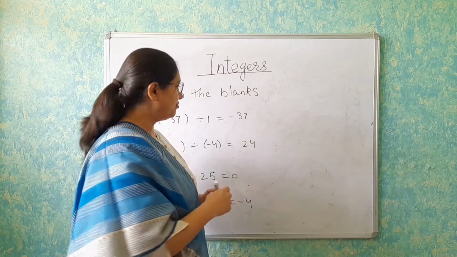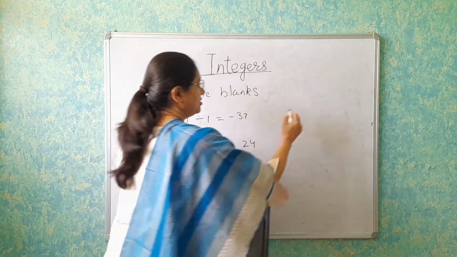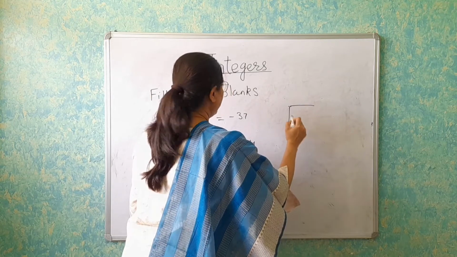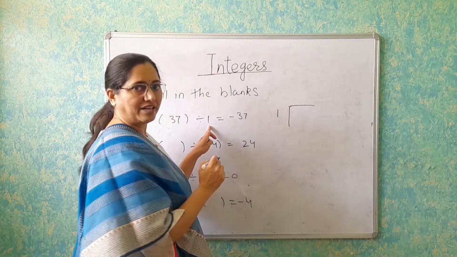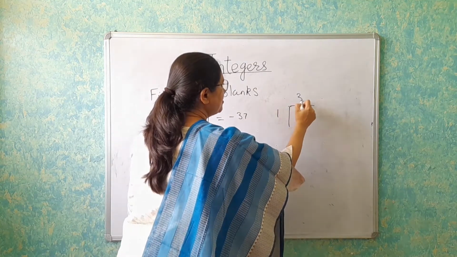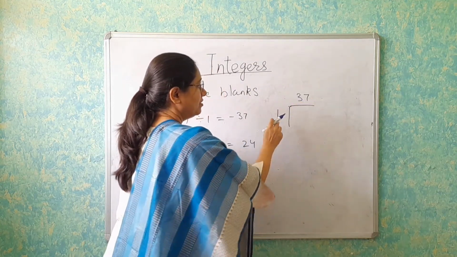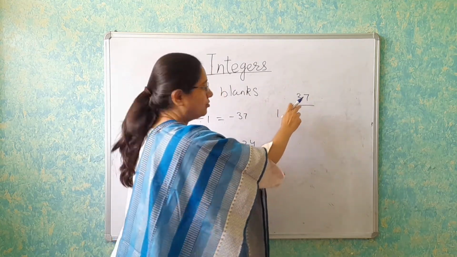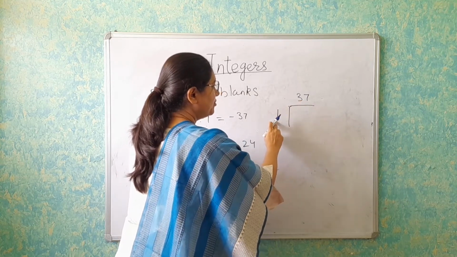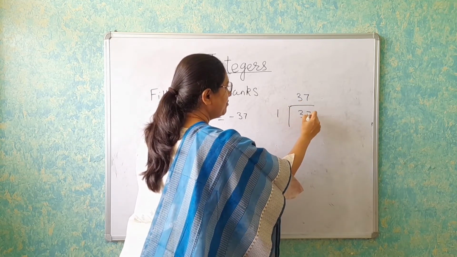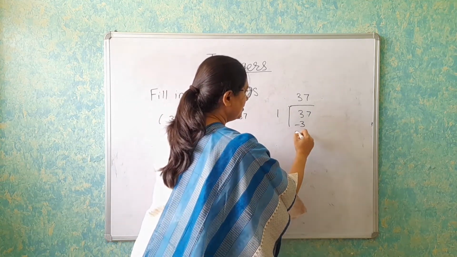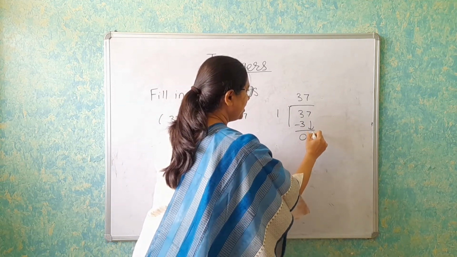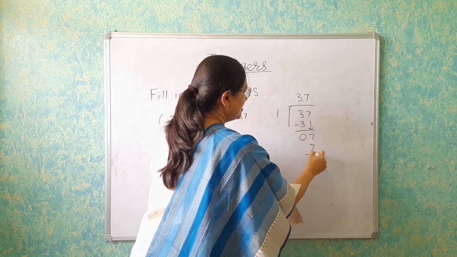If you are still confused, just write it like that. We don't know the dividend, but we know the divisor and that is 1. And our answer is 37. How can we get our quotient as 37? It must be 37 itself. That's why we have written 1 3s are 3, then 0, then we take 7 and 1 7s are 7.